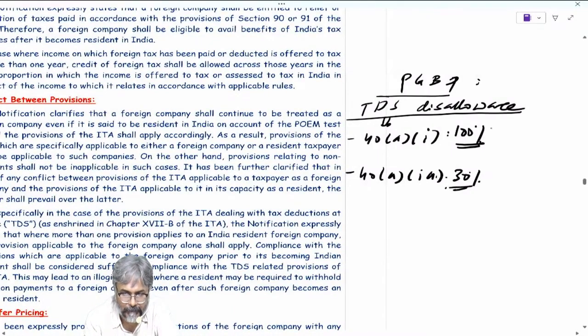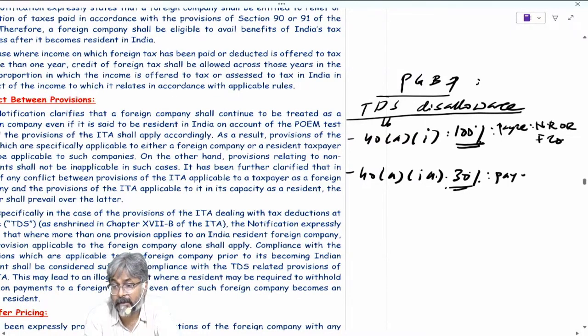But for 100, who has to be the payee? Non-resident or a foreign company. And for the 30%, who is the payee? Payee means the receiver. For that 30% disallowance of 40A(ia), the payee happens to be a resident.